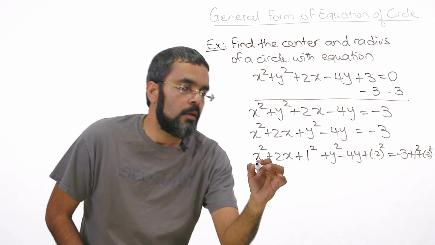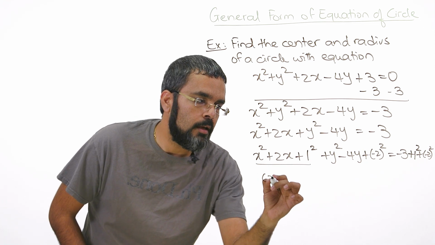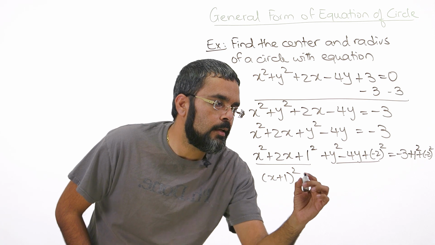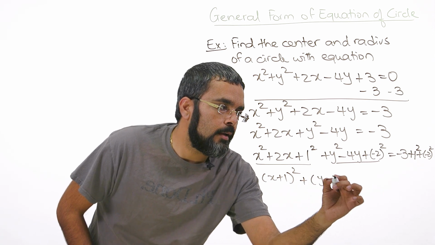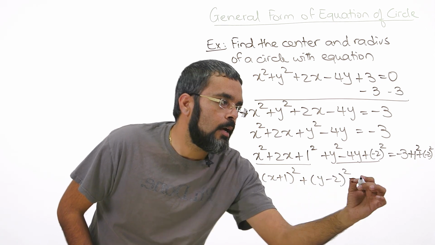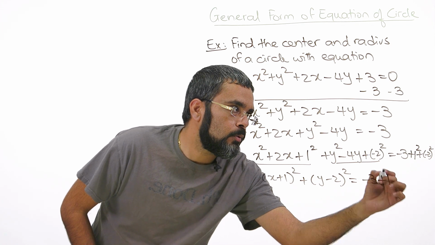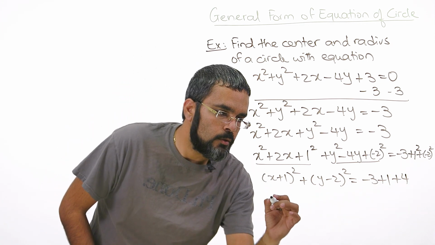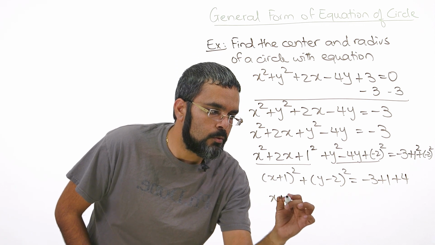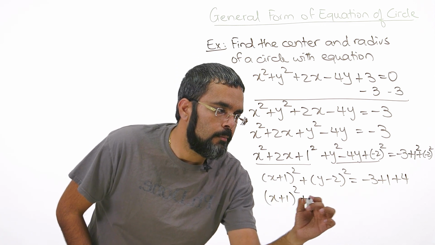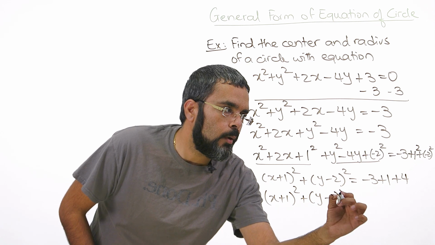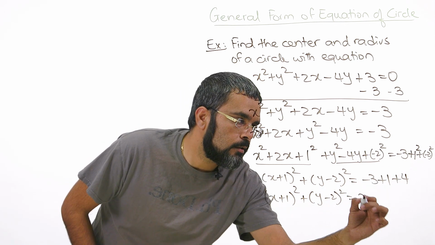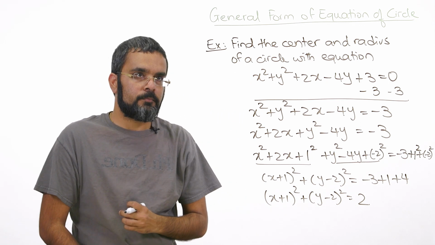So this term here gives me x plus 1 squared, and this term here gives me y minus 2 squared, equals negative 3 plus 1 plus 4. So I have x plus 1 squared plus y minus 2 squared equals, negative 3 and 1 is negative 2, and 4 is 2.